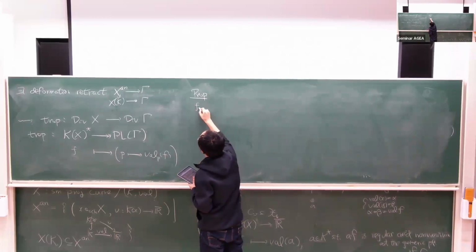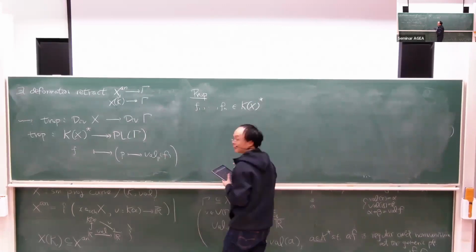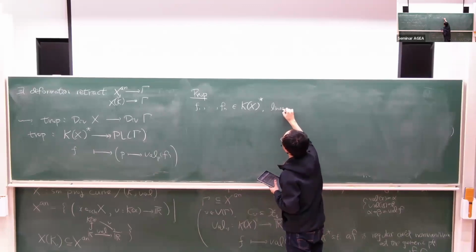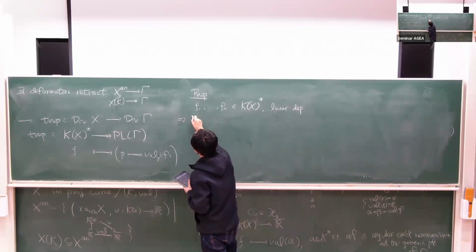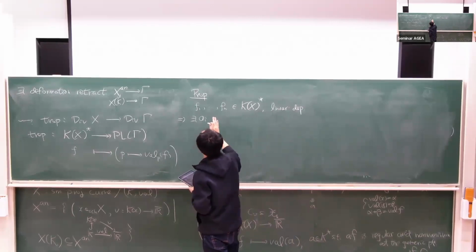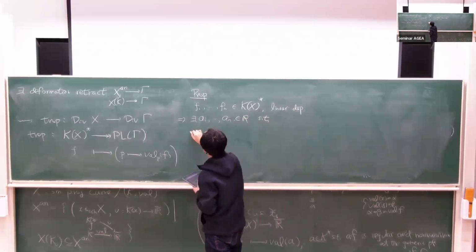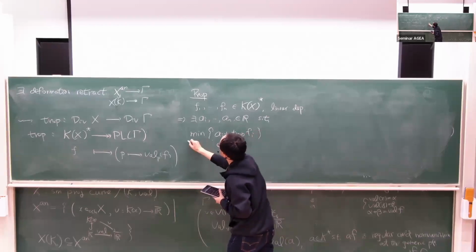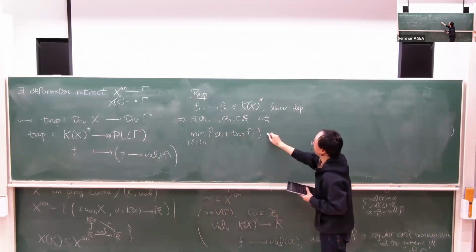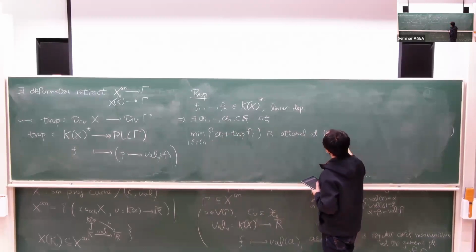It's not hard to check that if we have a set of non-zero rational functions which is linearly dependent, then we have the following: there are r many rational numbers a_i such that the minimum of a_i plus trop F_i, when you go through every possible i, is attained at least twice.